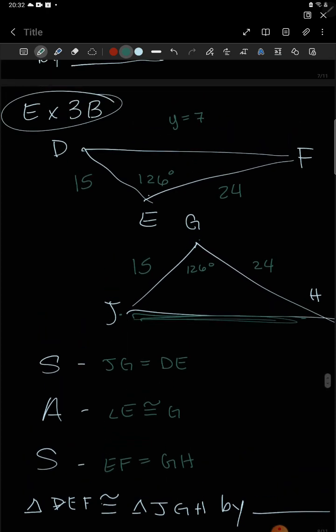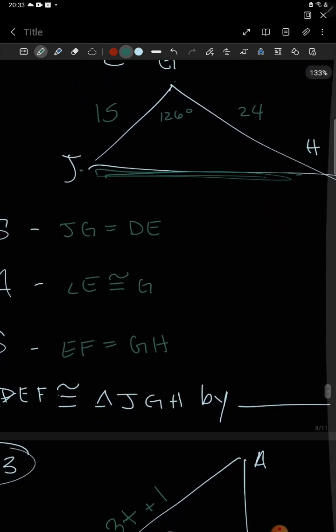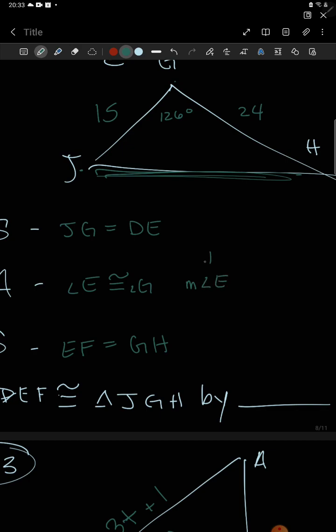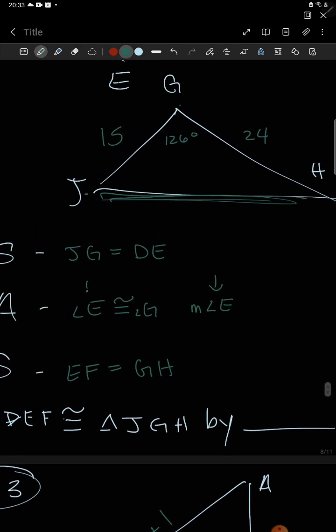Okay, if you're wondering why I didn't say equal, this is why. Whoops, I forgot my little angle. It's because of this. I don't bother with the measure of angle E. That turns it into a variable. Okay, this is a tangible thing. That's an angle. And then the measure of angle E is the variable. I just don't bother with the little m. I feel like it's too much writing. I'd rather just do the congruent symbol.